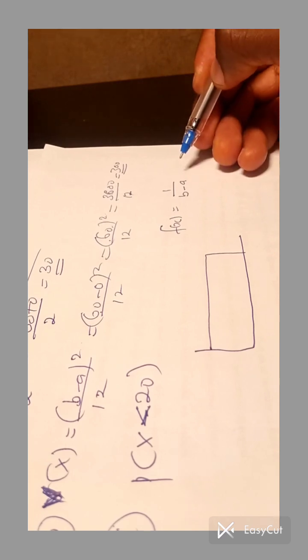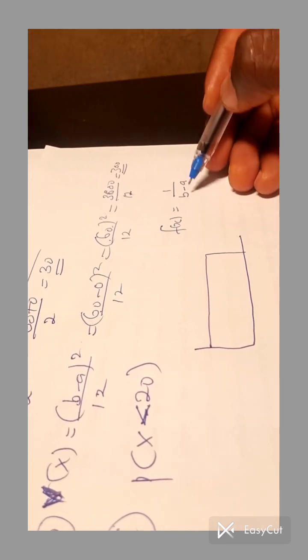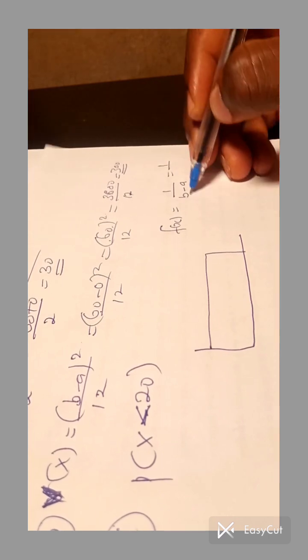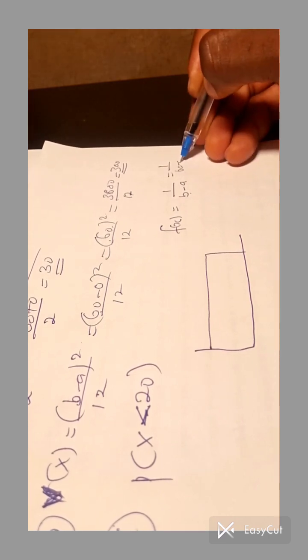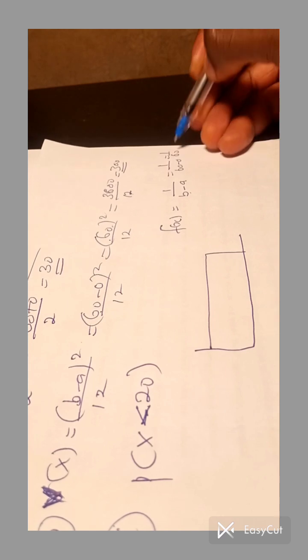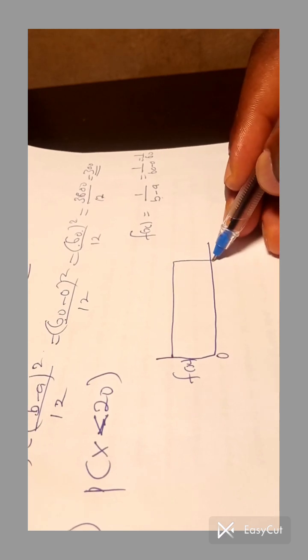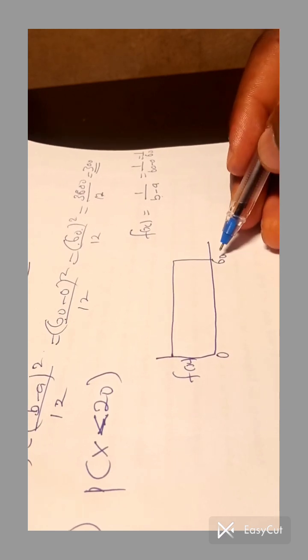That is our f of x. Now 1 over (60 minus 0) equals 1 over 60. That is our f of x over here, and this is a rectangle. We know that a is 0 and b is 60.